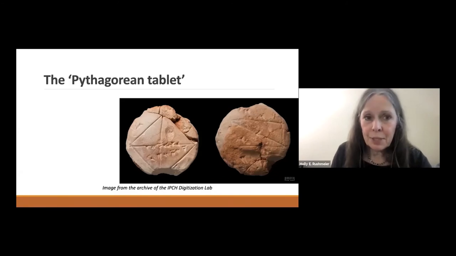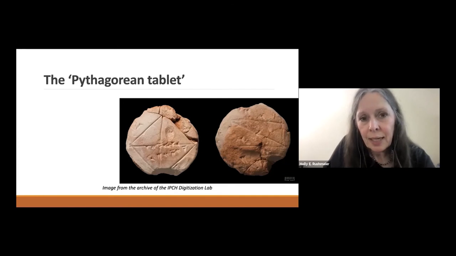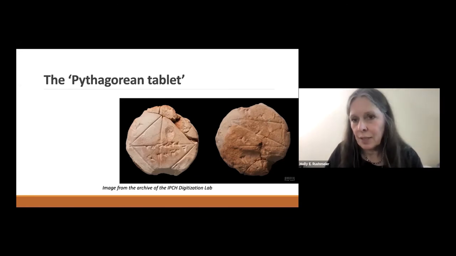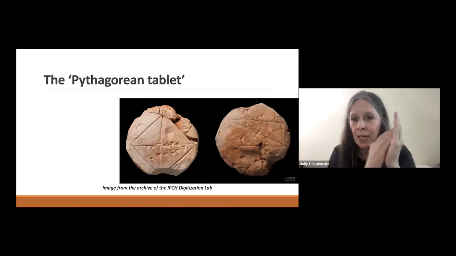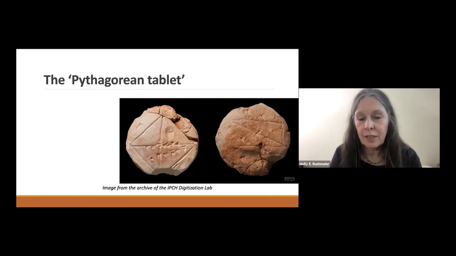A couple examples of using it in projects at Yale: one was for this so-called Pythagorean tablet. It's not actually from Pythagoras, it's from a couple thousand years earlier in Babylonia, and it's some student's homework, which is basically the size of some clay that you would put in your hand, and this homework is computing the length of the diagonal of a square given the length of a side.